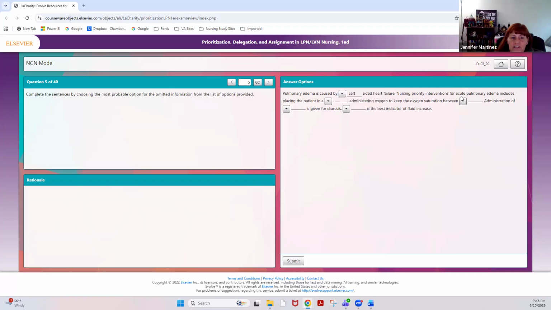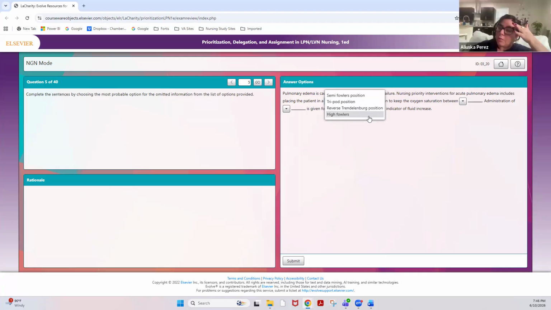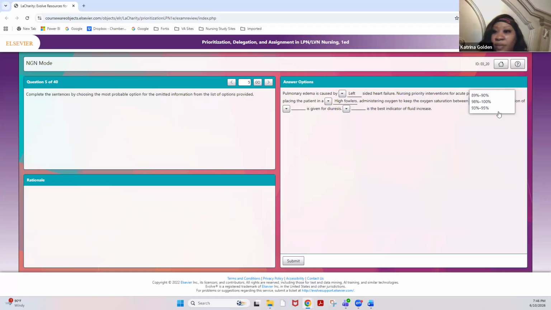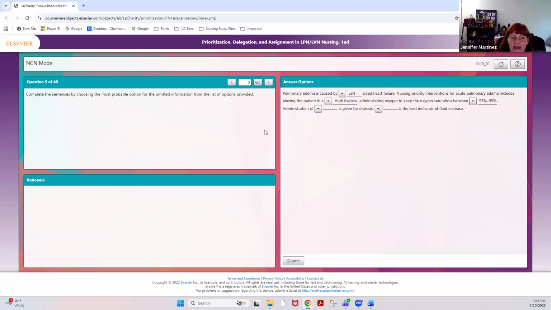Nursing priority interventions for acute pulmonary edema include placing the patient in a semi-Fowler's, tripod, reverse Trendelenburg, high Fowler's position. High Fowler's. Administering oxygen to keep the oxygen saturation between 89 to 90, 98 to 100, 93 to 95. 93 to 95.